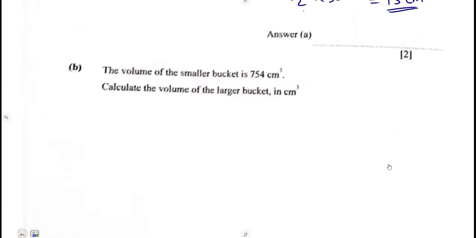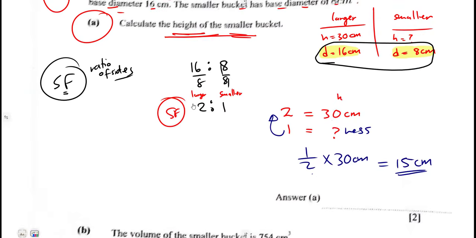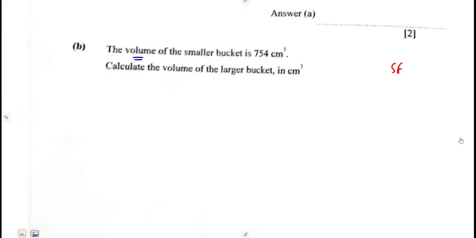On the other part, the volume. So here they're talking about volume. You must work with the volume factor. Remember, we had a scale factor 2 as to 1. That scale factor 2 as to 1 was used to calculate the sides. But as you consider volume, you must have the volume factor. Remember, you simply cube the scale factor 2 as to 1, we raise to the exponent of 3.